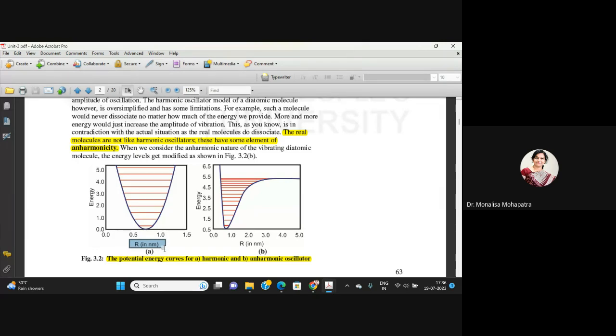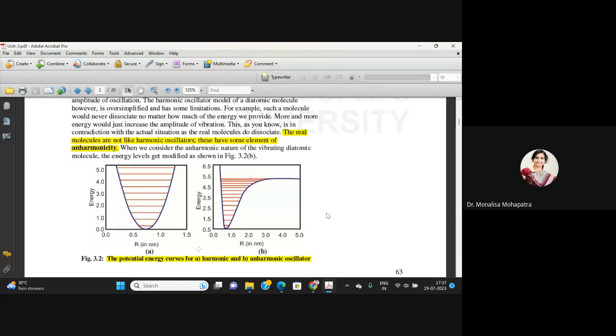Practically, the real molecules are not like harmonic oscillators. Sometimes they face anharmonicity. So you may get a question like, what is the difference between a harmonic oscillator and an anharmonic oscillator? How do you differentiate them? If you see these two graphs, A and B, you see the energy profile.